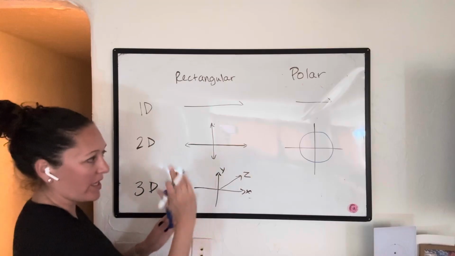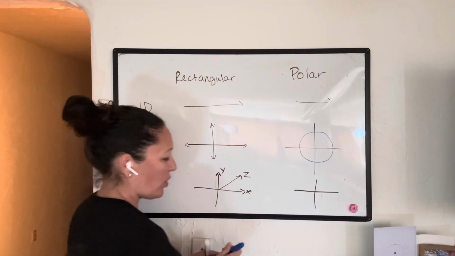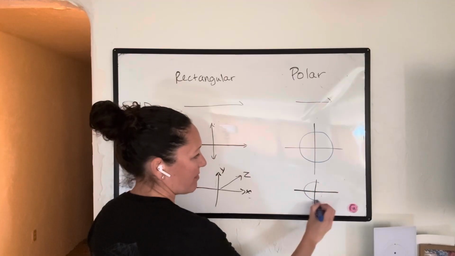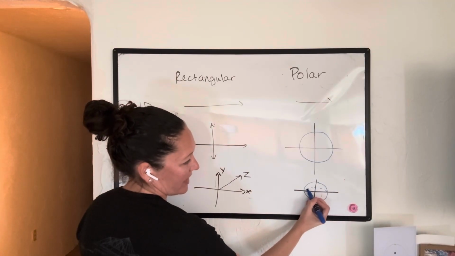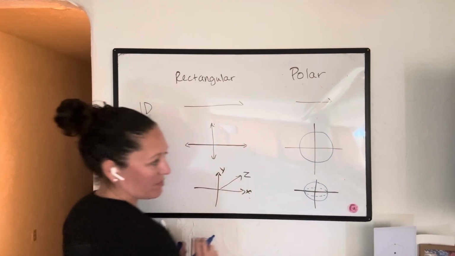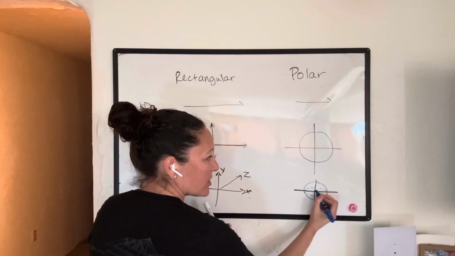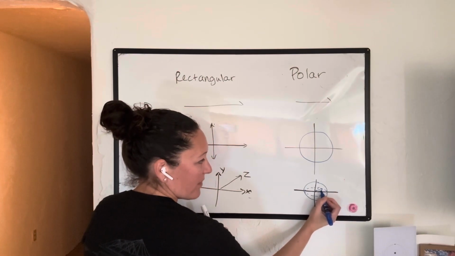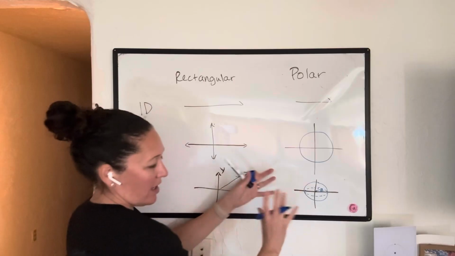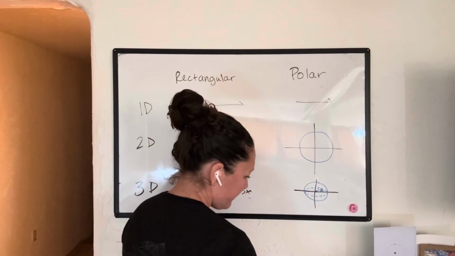So we have 3, and then for our polar setup, we no longer have just a circle. Now we're looking at a sphere, and that's my way of drawing that 3D shape, what the sphere would look like. We still have a radius, and then we have our angles, our theta, but you're looking at that with that sphere.